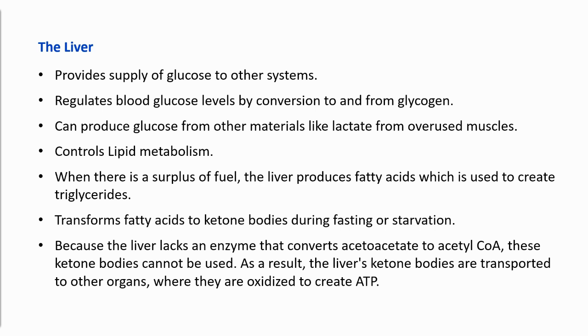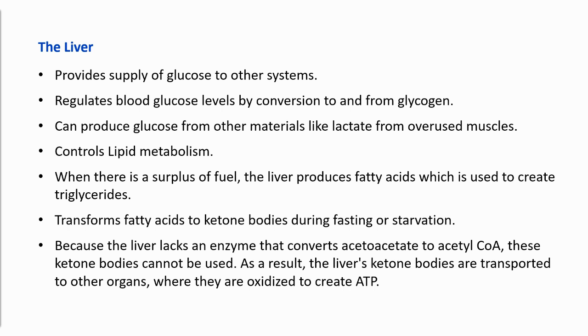So it actually converts glucose to glycogen or glycogen to glucose. And it can also produce glucose from other materials like lactate from overused muscles. That's actually part of the Cori cycle, which we'll talk about later on. Now, aside from carbohydrates, it can also control lipid metabolism.